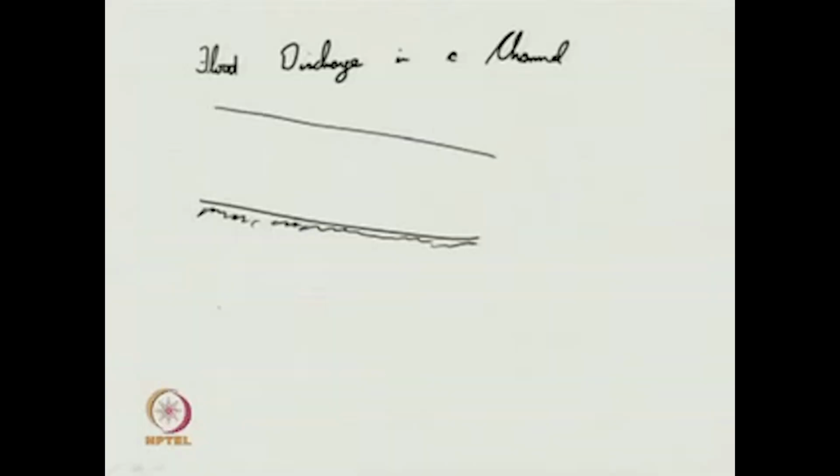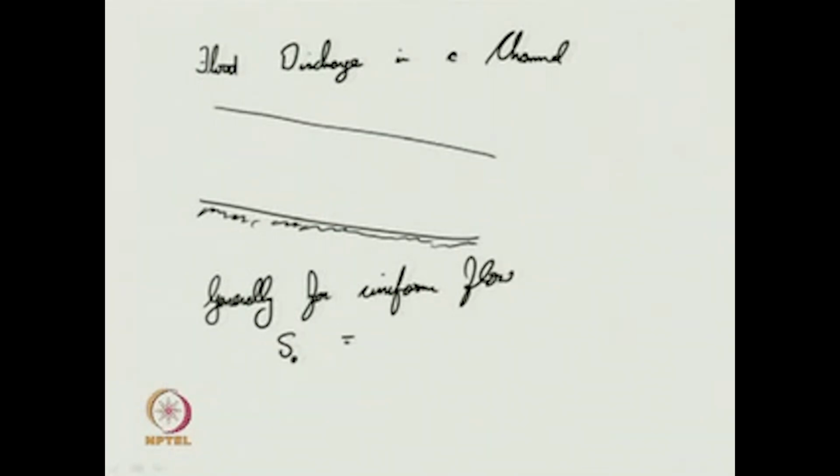Going back to the uniform flow computations, you have seen that generally for uniform flow, your bed slope, your slope of the water surface and the energy slope, all of them are equal.